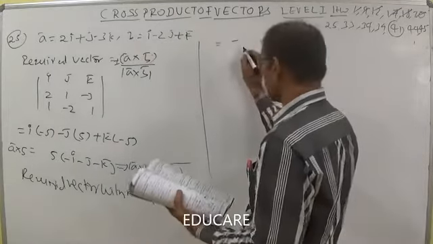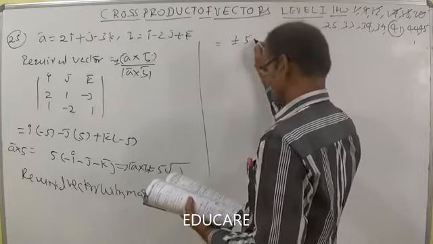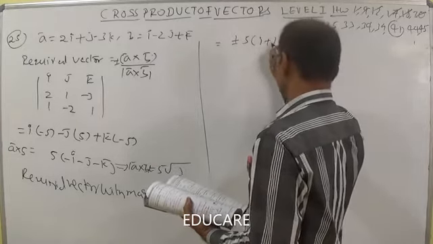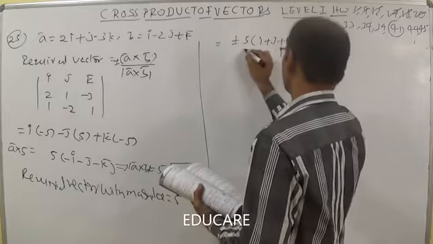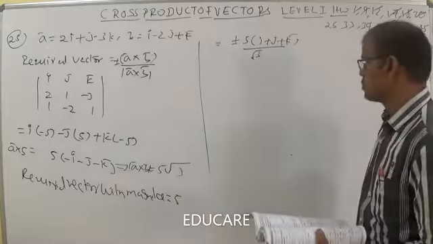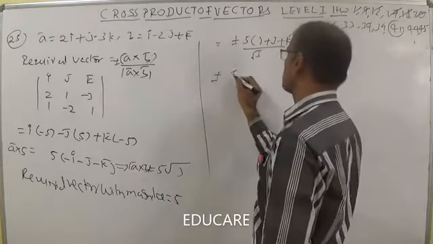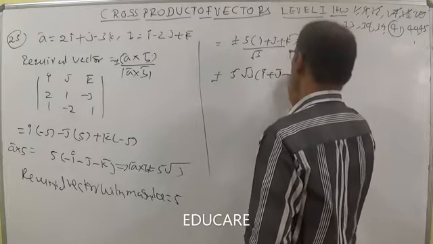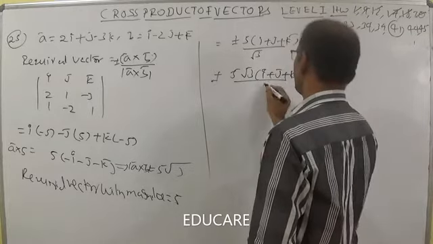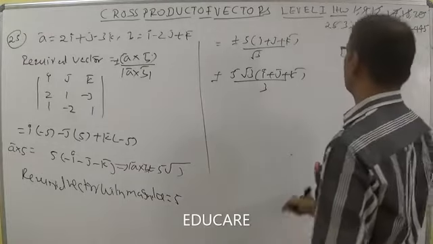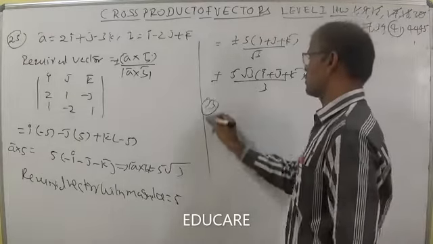So plus or minus 5 root 3. Plus or minus 5 into i plus j plus k, whole by, don't write 5 root 3, simply write root 3. He has given as 5 root 3 into i plus j plus k, whole by 3, which is multiplied with root 3. It is nothing but rationalization.